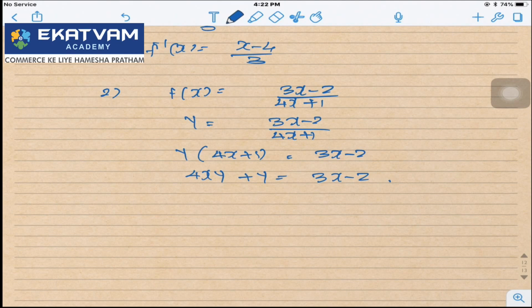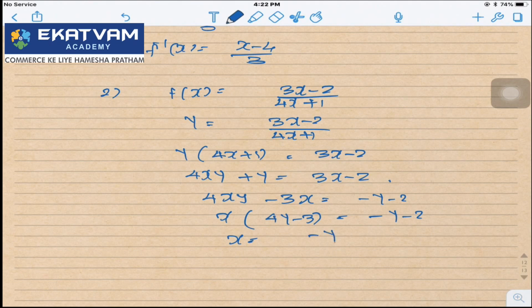Obviously, we have to collect x on one side, na? So it will be 4xy minus 3x is minus y minus 2, x is out.